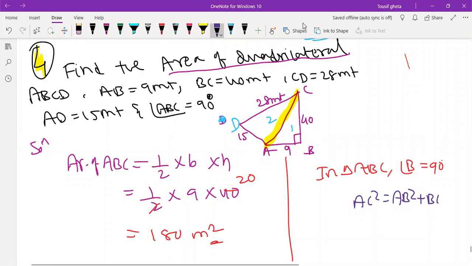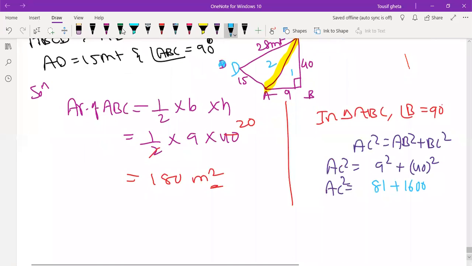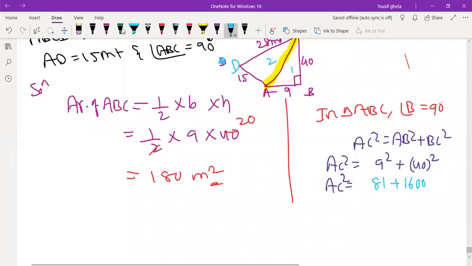AB square is 9 square, which is 81, and BC is 40, 40 square is 1600. 81 plus 1600 is 1681. So AC is equal to root of 1681. It is a perfect square, 41 meters.